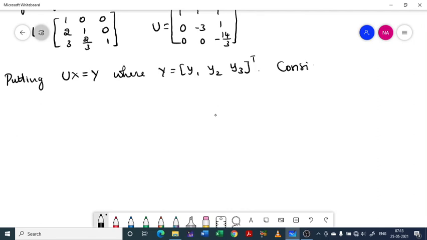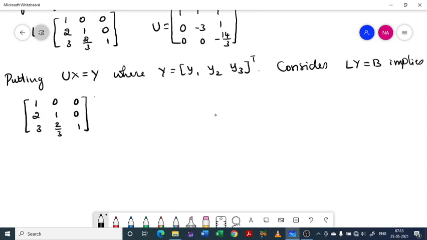Consider Ly equal to B. L is 1 0 0, 2 1 0, 3 2 by 3 1, into Y, right? So Y is Y1 Y2 Y3, equal to B. B is 3 16 minus 3.